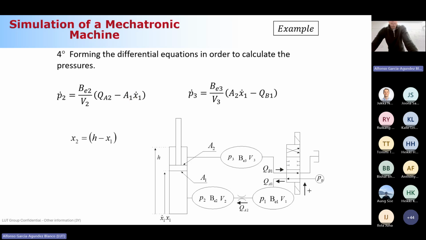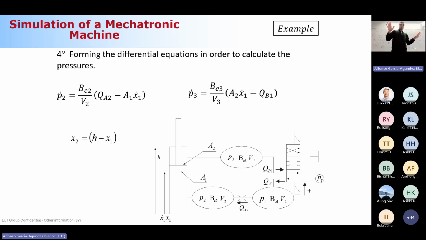Clear? Perfect. Now, could somebody provide me the differential equation of control volume 3? Somebody? This one is a bit more difficult, but I want to encourage you to try, okay? So basically, I have already computed the effective bulk modulus in this control volume 3 and the volume 3, okay? Now, do I have incoming flow rates?